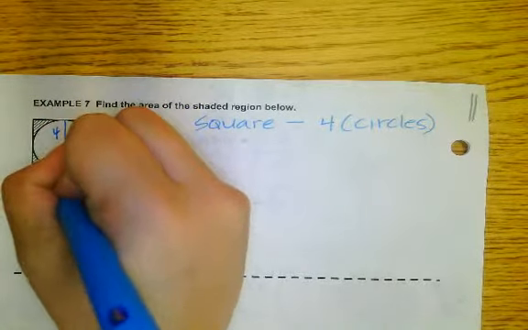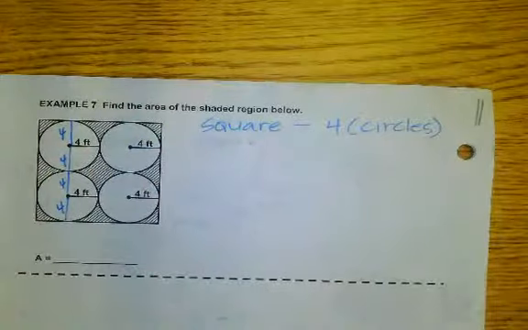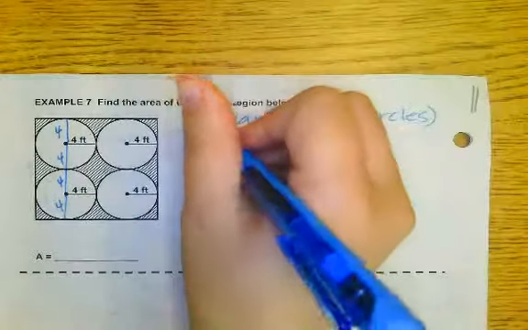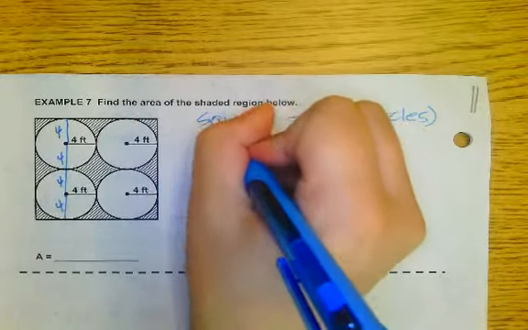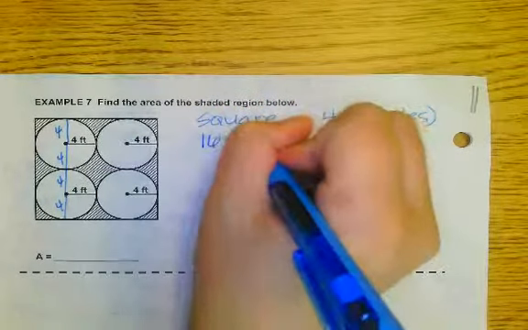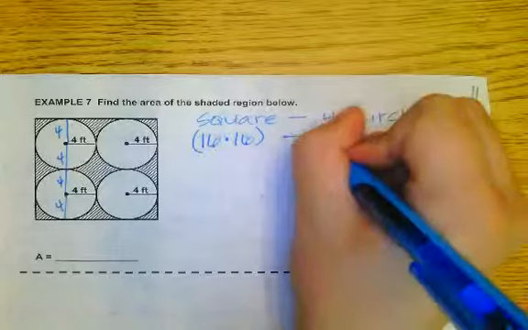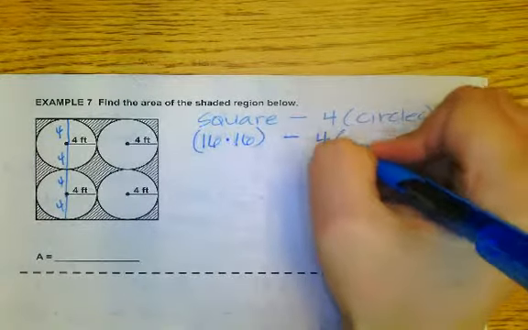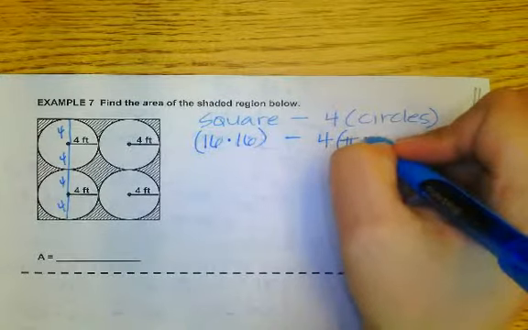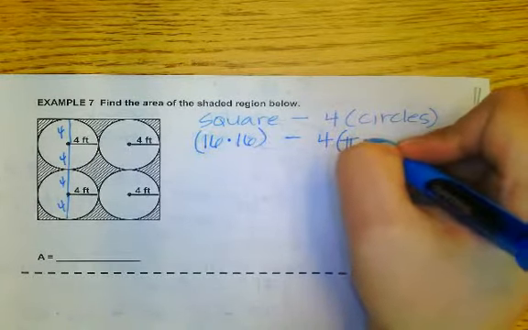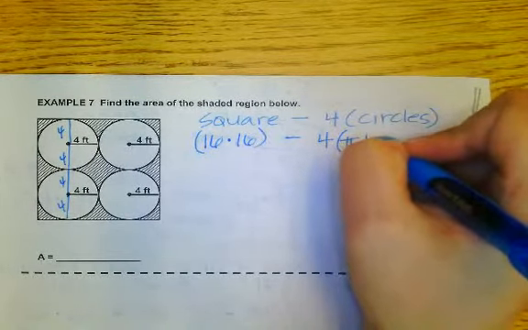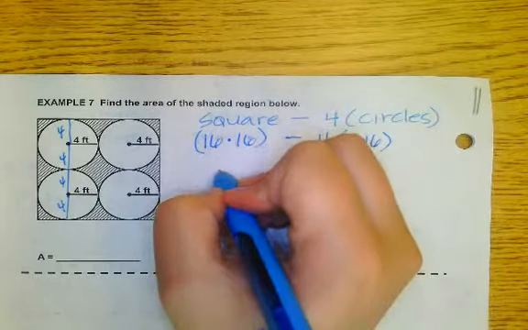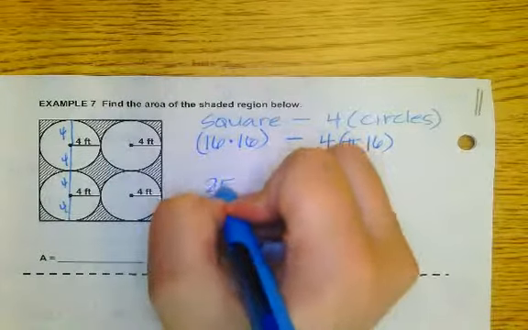Okay, then you have 4 times pi r squared, and what is our radius? 4, so 4 squared is 16. Okay, what's 16 times 16? 256 minus 4 times 16 pi, which is 64 pi, and then you would just have feet squared.